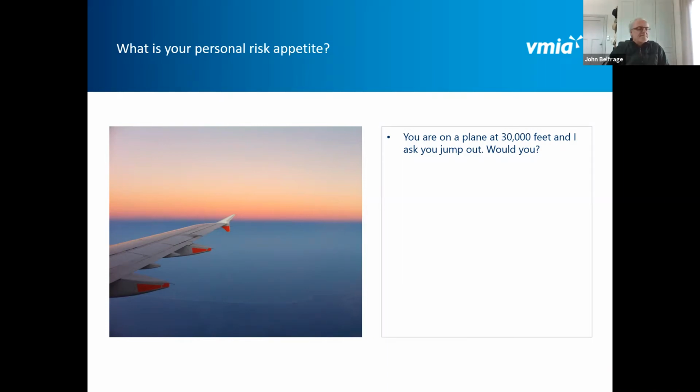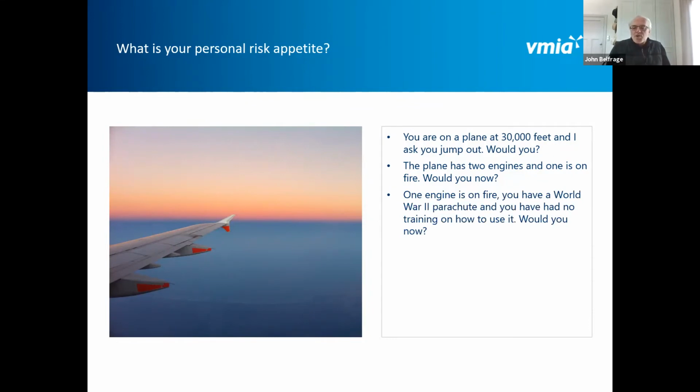Would you? The plane has 2 engines and one's on fire. Would you jump out now? It's a bit odd talking about flights now when we're all in lockdown, but just humour me, won't you? So one engine's on fire. You have a World War II parachute and you've had no training on how to use it. Would you jump out now?